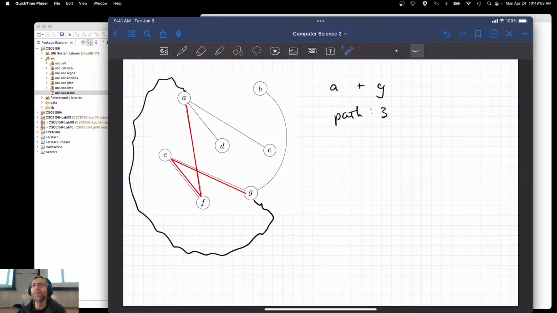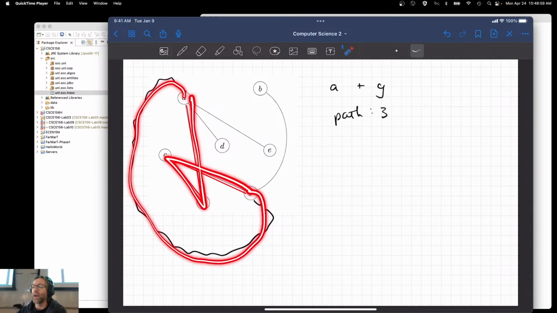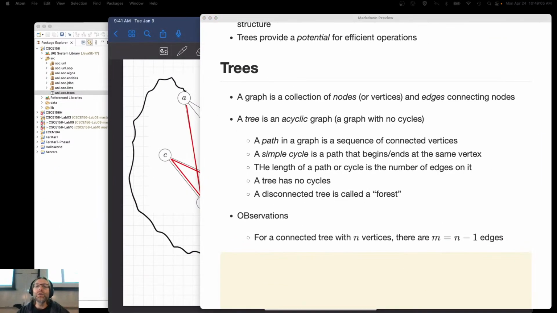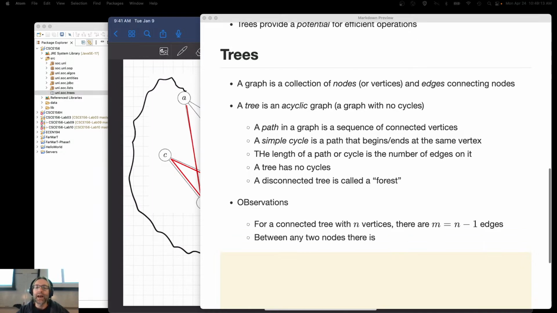Is it a tree? No, why? There, and then follow it back, and you've got a cycle. So my second observation here is that between any two nodes, there is exactly one unique path. Between any two nodes, there is exactly one path.